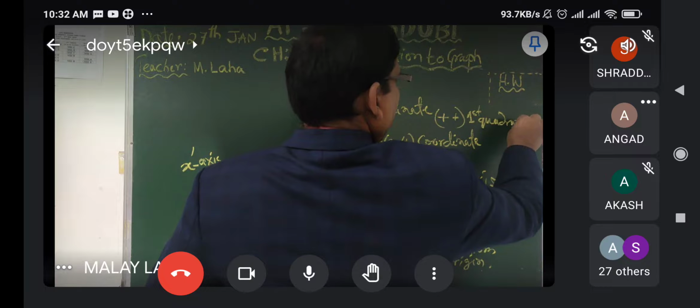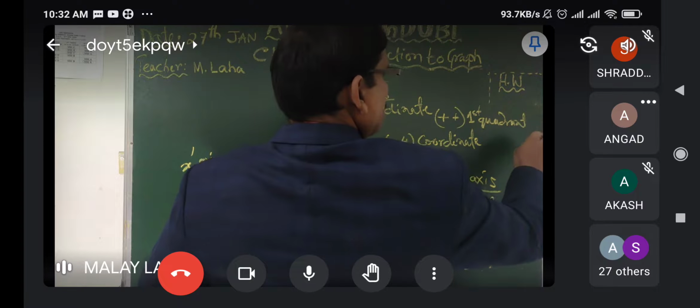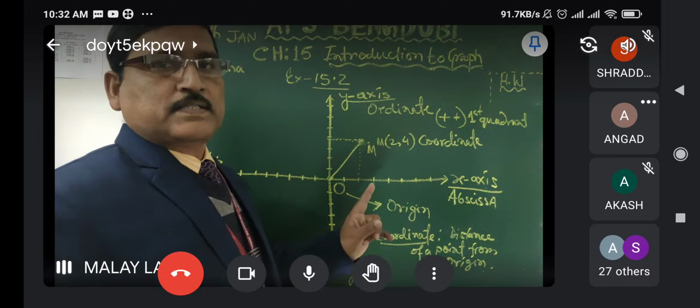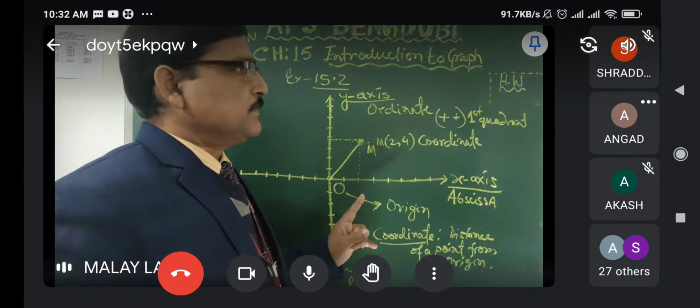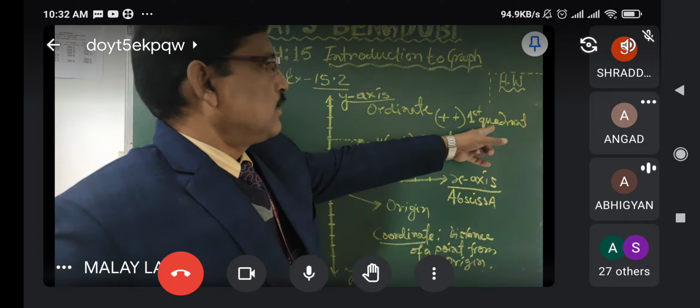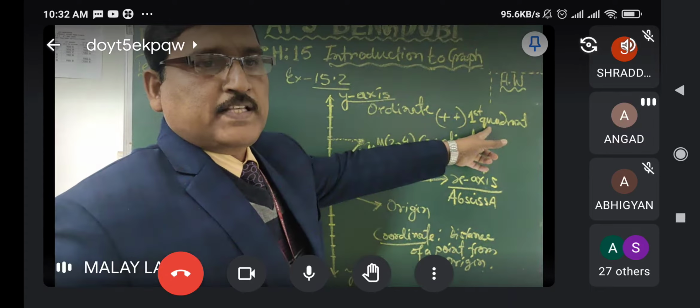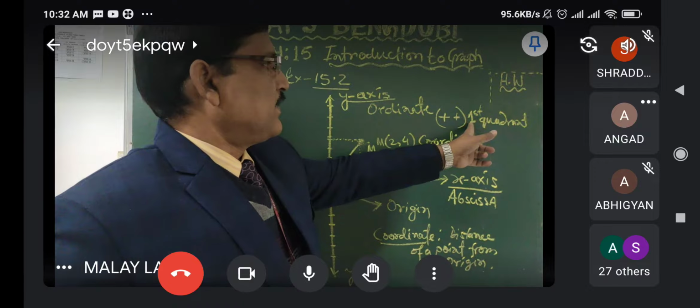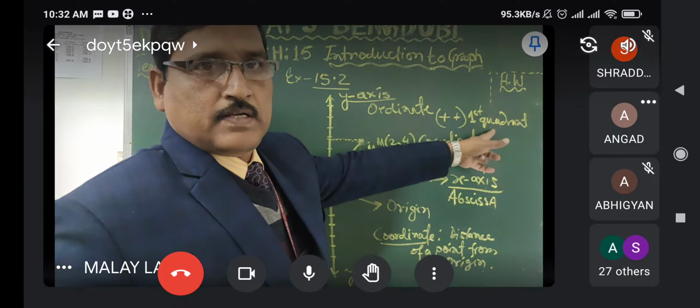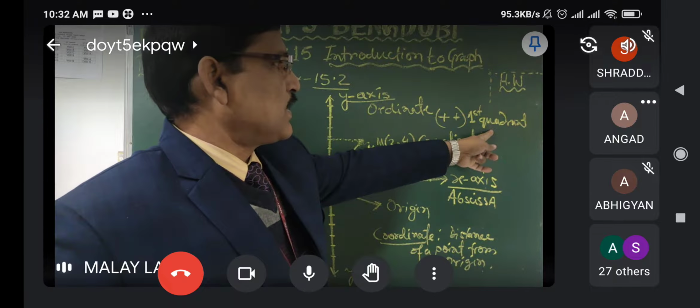Q-U-A-D-R-A-N-T. Is it visible on your screen? No, sir. Place your mobile horizontally. First quadrant. Clear? This is the first quadrant.